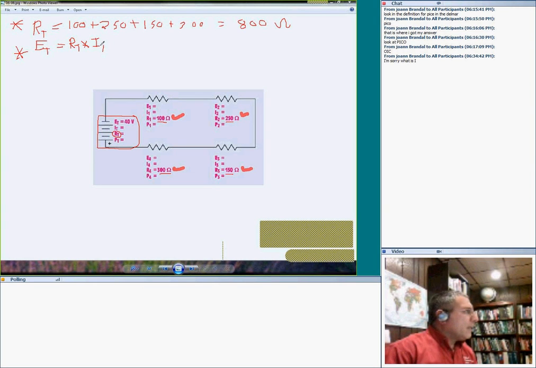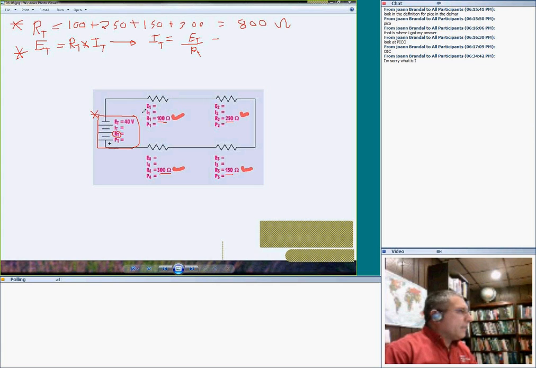So I am applying Ohm's law right here at the source. I find the information at the source first. And it doesn't take a genius to tell you that by flipping the formula, I total equals E total divided by R total.